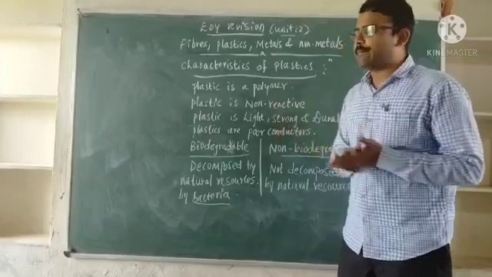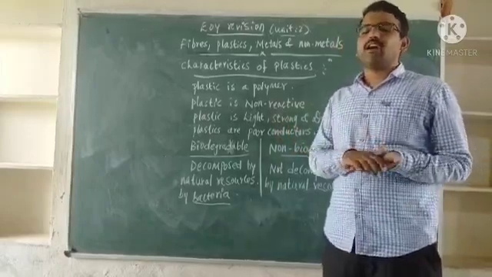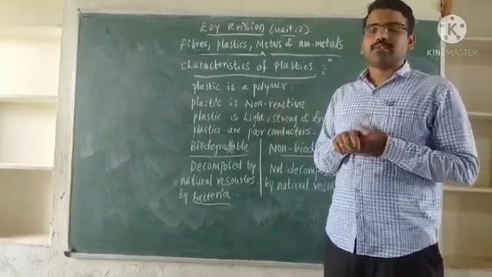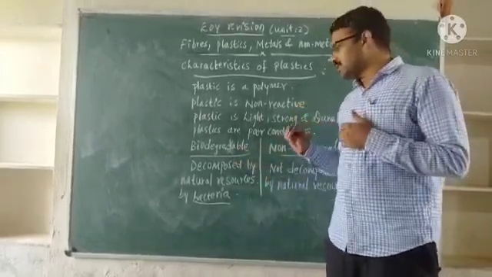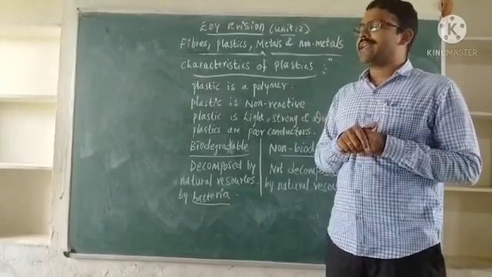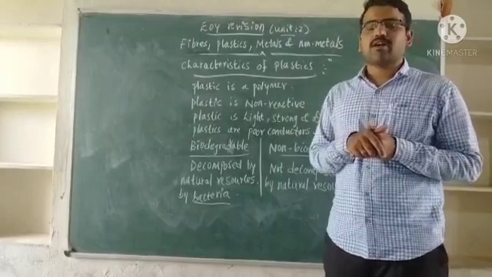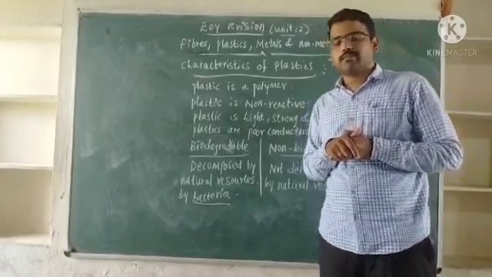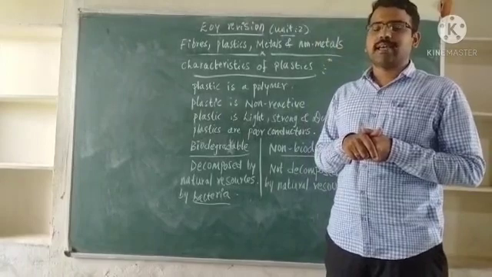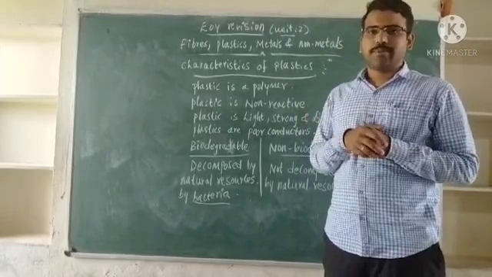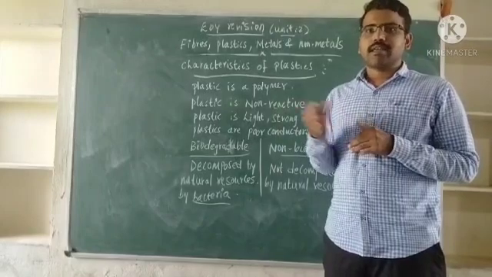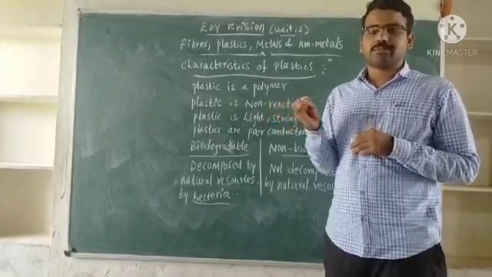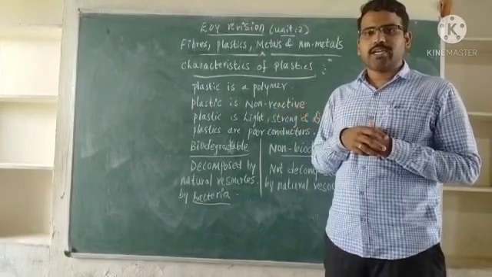Now let us learn about biodegradable and non-biodegradable substances. Biodegradable means substances which are decomposed by natural resources. For example, the food which we use and the waste produced by plants are biodegradable.